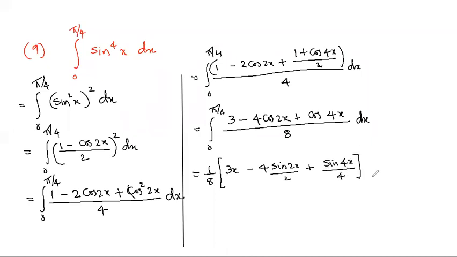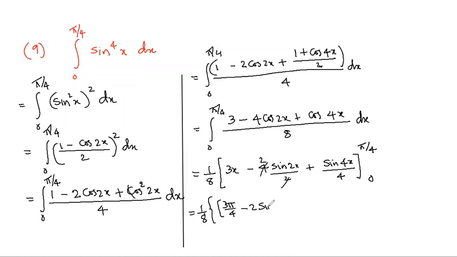Now put the lower limit 0 and the upper limit pi by 4. Now we will replace all the x by the upper limit. So 3 pi by 4. This 4 and this will get cancelled.